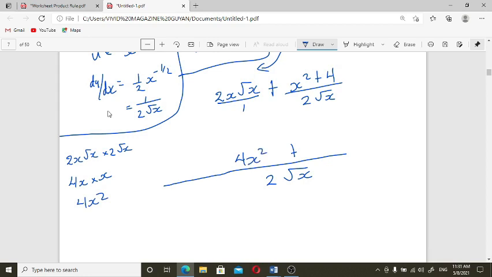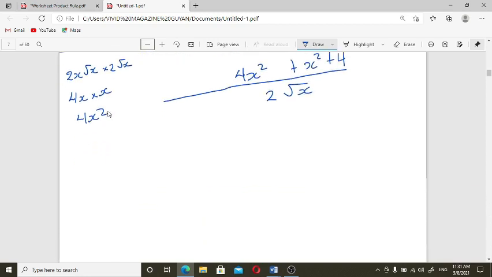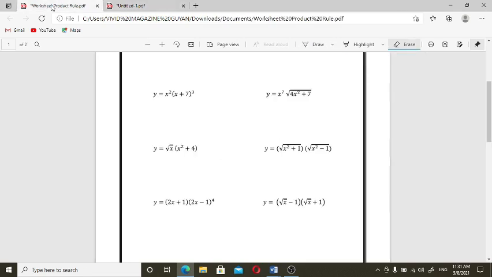And here now, you're going to just write back what is above here, which is x squared plus 4. So 4x squared plus x squared plus 4 is going to give me 5x squared plus 4 being divided by 2 root x. I believe the answer is something different here.